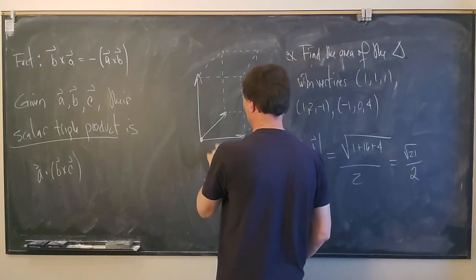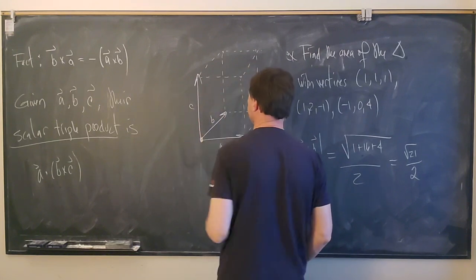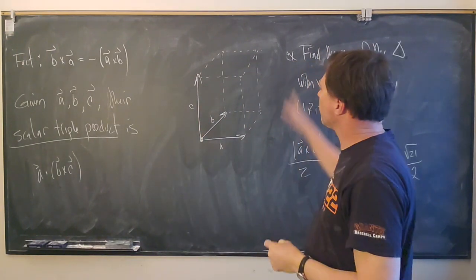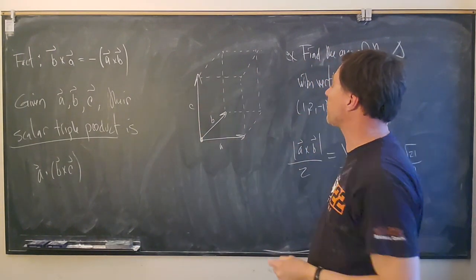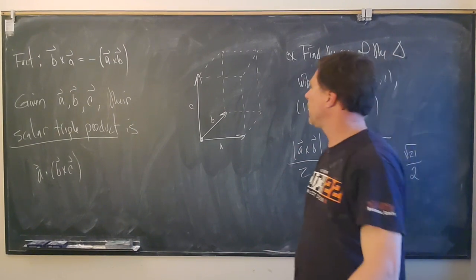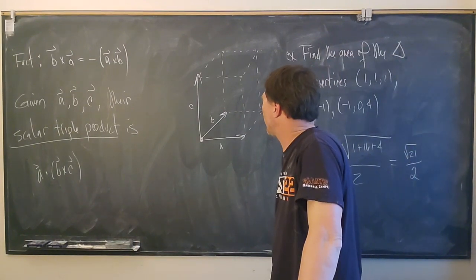So let's say A, B, and C. So this object right here, determined by the three vectors, is a solid object. It's not quite a cube.